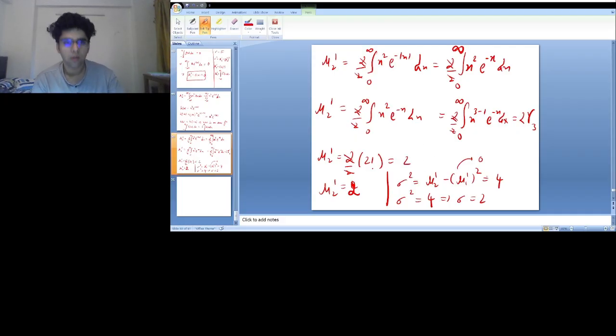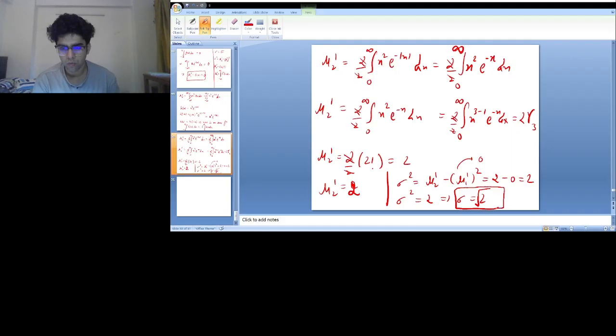So this means that my variance is 2, right? 2 minus 0. This is 2. So sigma becomes root 2. What we had to prove.